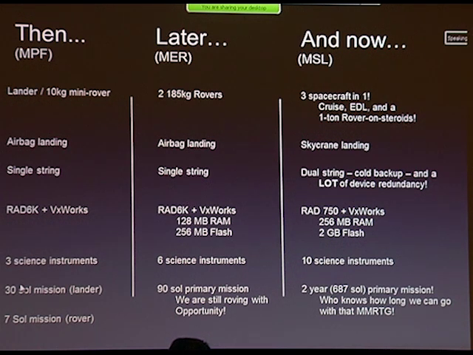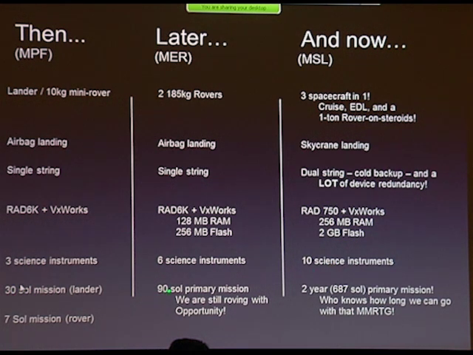I call it the 1-ton rover on steroids. It's huge. Single string on Pathfinder; on MSL we have dual string computers with a cold backup and a ton of device redundancy. I'm going to talk about that in a little bit. We went from RAD 6000 to RAD 750 with 256 megs of RAM and a 2 gigabyte flash. 3 science instruments to 10 science instruments.